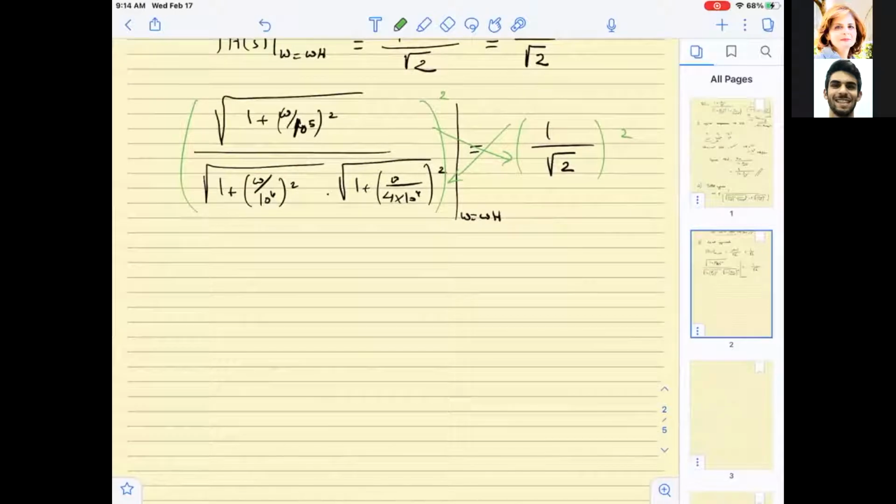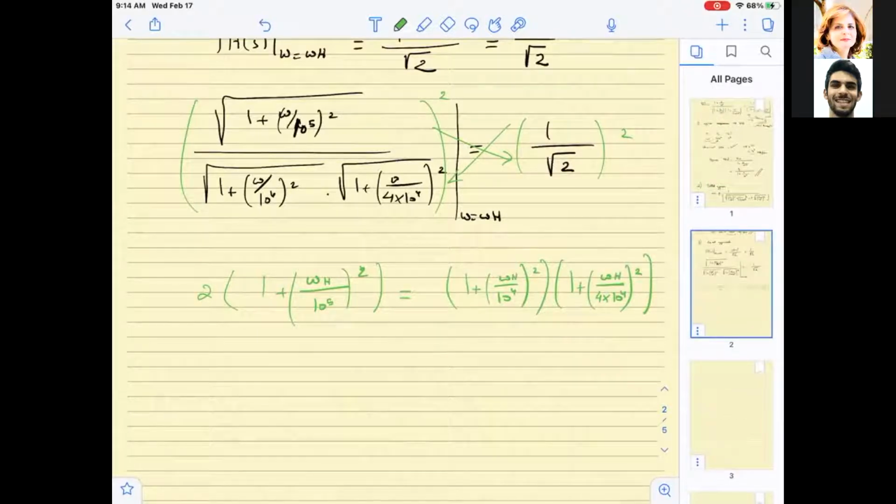So we will end up with 2 into 1 plus omega over 10 to the 5 squared, and I plug in omega H here. I want it to be equal to 1 plus omega over 10 to the 4 all squared, into 1 plus omega over 4 times 10 to the 4 all squared. Okay, I substitute omega H for omega.